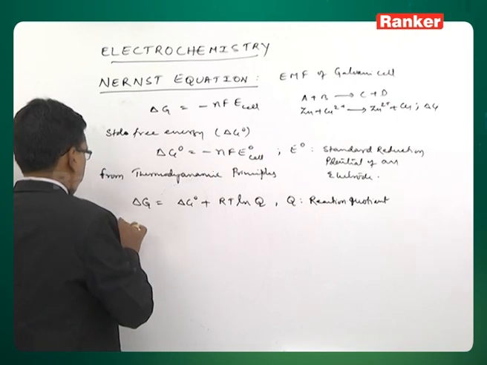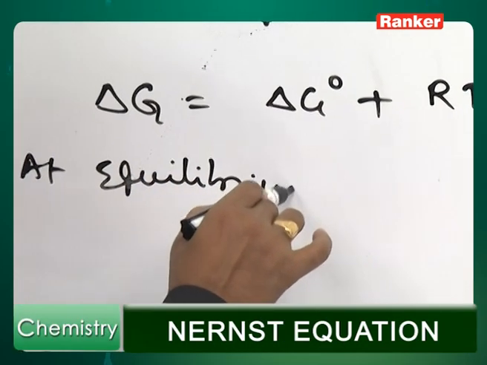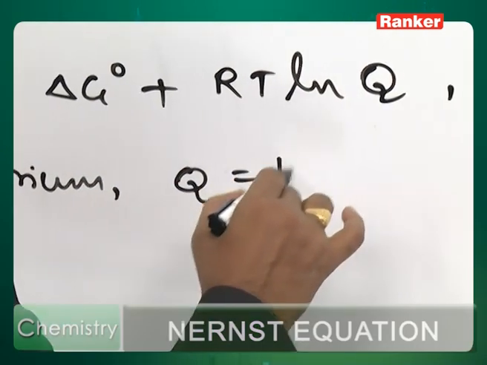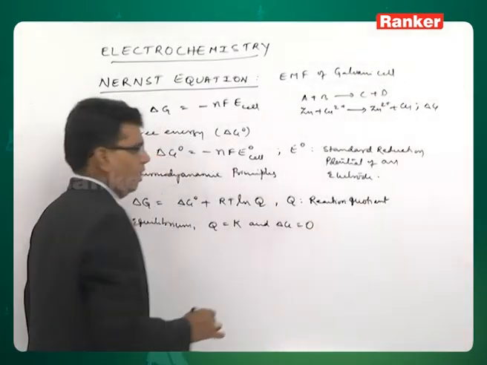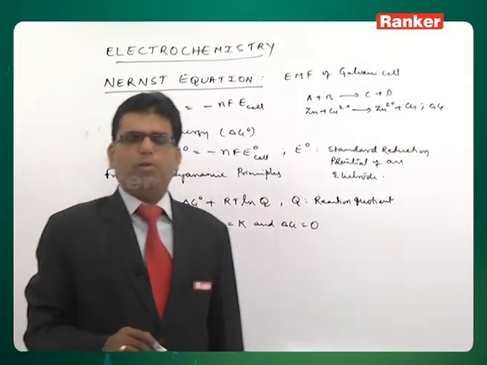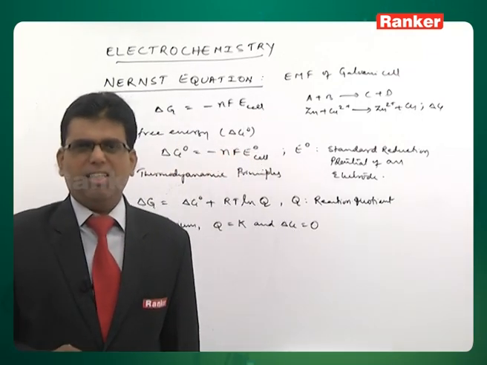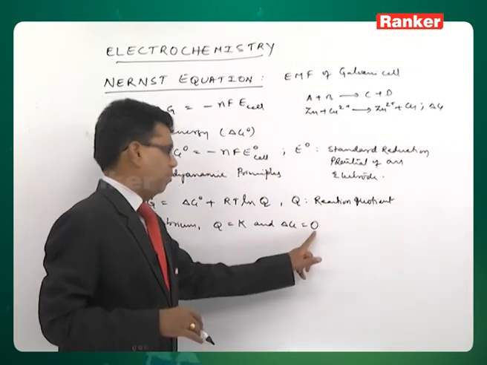At equilibrium of a reaction, Q is equal to K and delta G is equal to 0. At equilibrium, change in any of the thermodynamic properties, either delta S, delta G, delta H, delta U, all are zero. So, delta G will be 0.